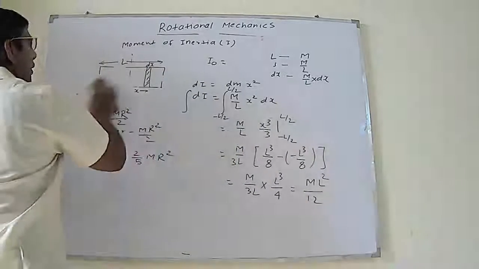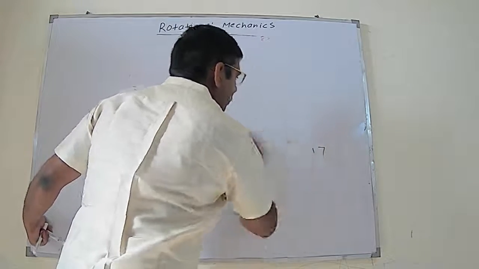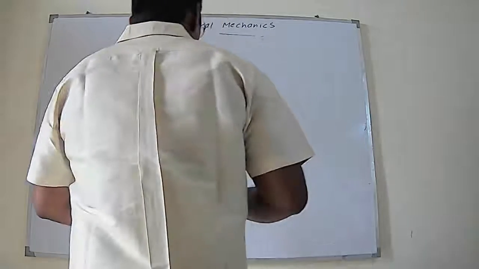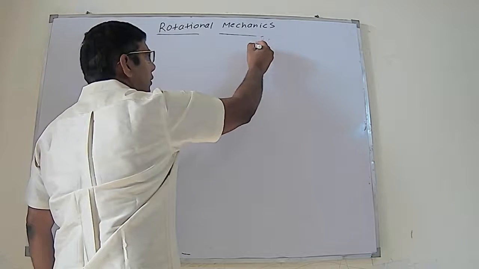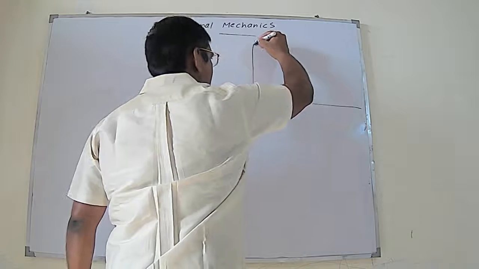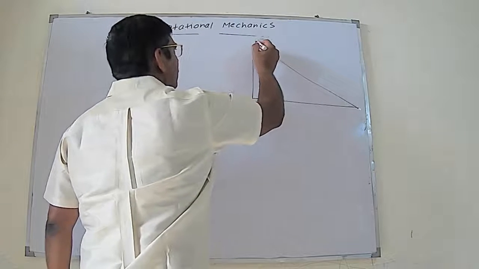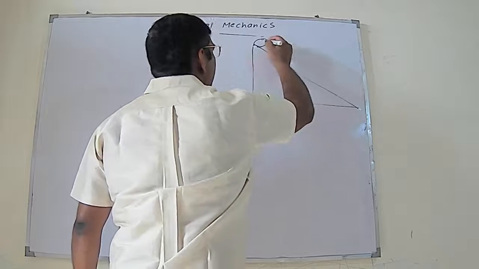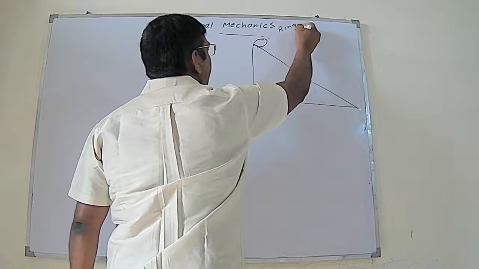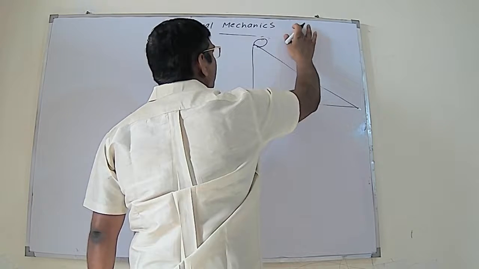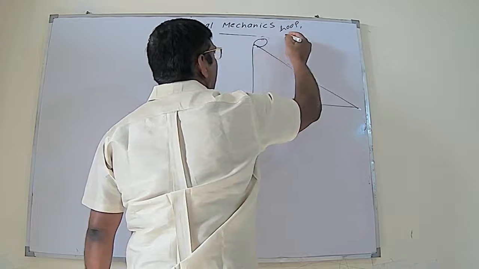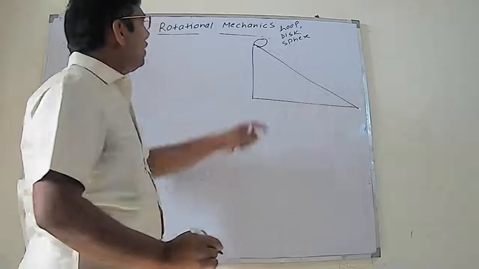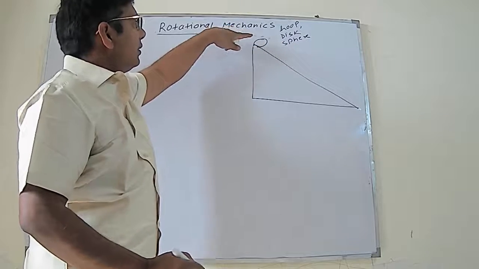Suppose we have three objects: a ring, or we can call it a hoop, then a disk, and a sphere.